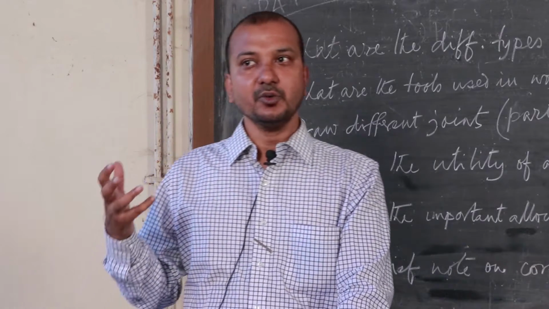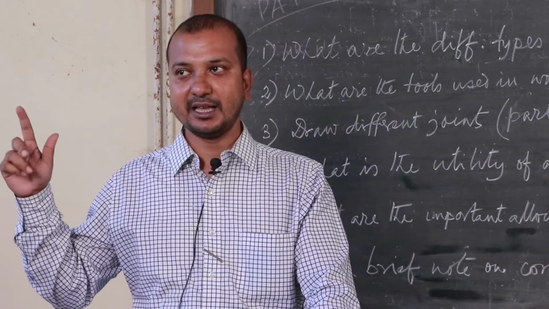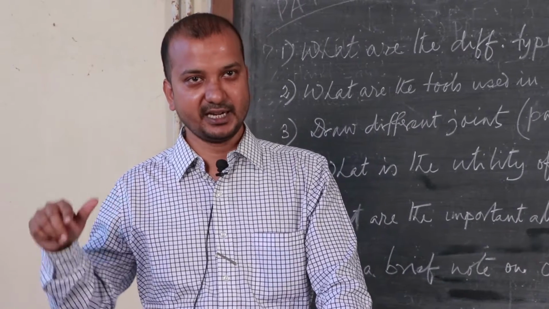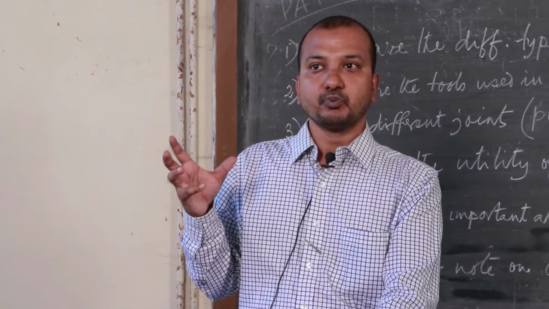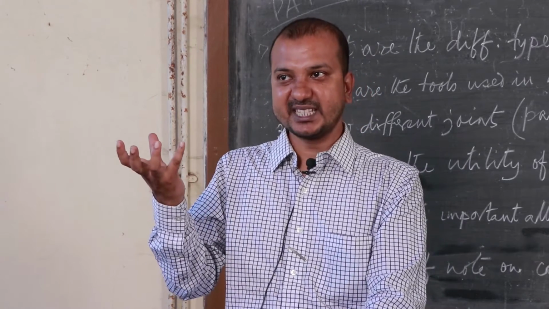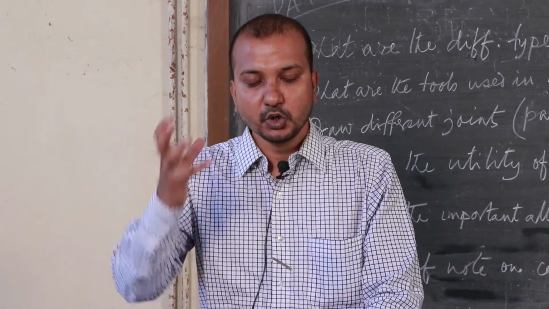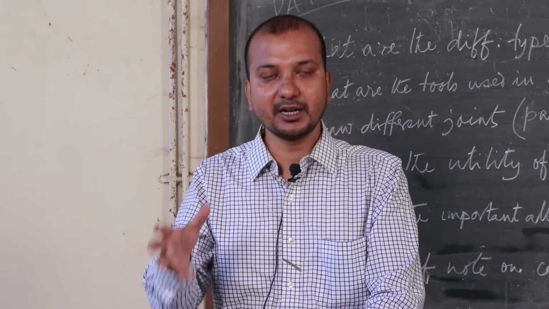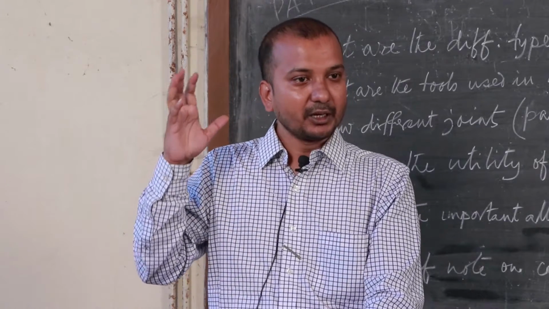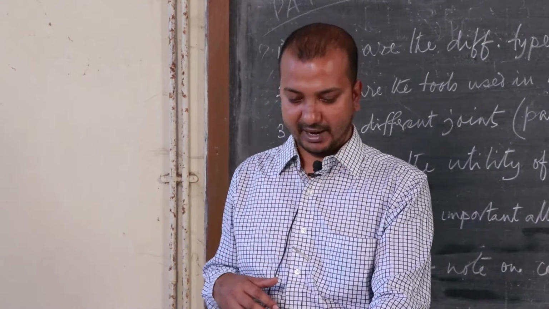We can measure it by the formula L alpha T, where L is the dimension, alpha is the coefficient of expansion, and T is the temperature difference. When any material solidifies, there will be some shrinkage, some contraction, so there will be a reduction in volume. That should be kept in consideration while making the pattern.